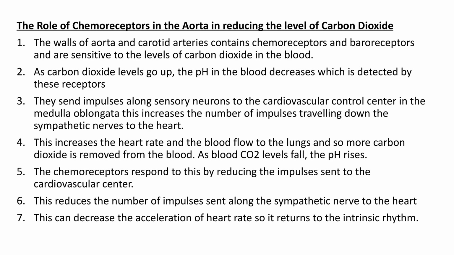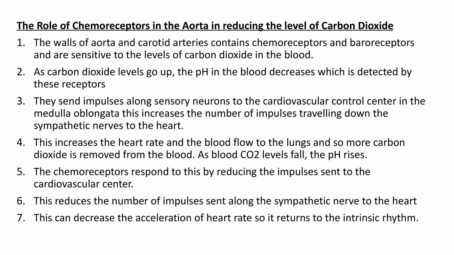The next part of the slide: the role of chemoreceptors in the aorta in reducing the level of carbon dioxide. As you know, the walls of the aorta and carotid arteries contain chemoreceptors and baroreceptors, which are very sensitive to the levels of carbon dioxide in the body.